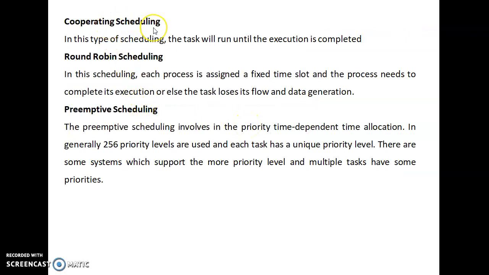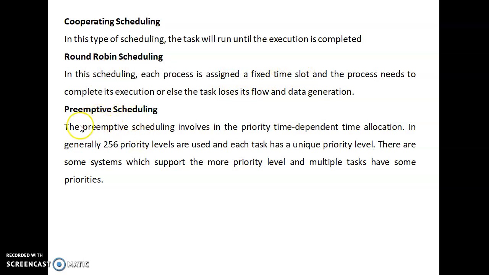There are different schedulers available: cooperative scheduler, round robin scheduler, and preemptive scheduler. Cooperative is where there is mutual exclusion between the tasks or subprograms, and according to that, the tasks run on the CPU and the whole application executes. In round robin scheduling, a fixed time is given to each task in a time division multiplexing manner.